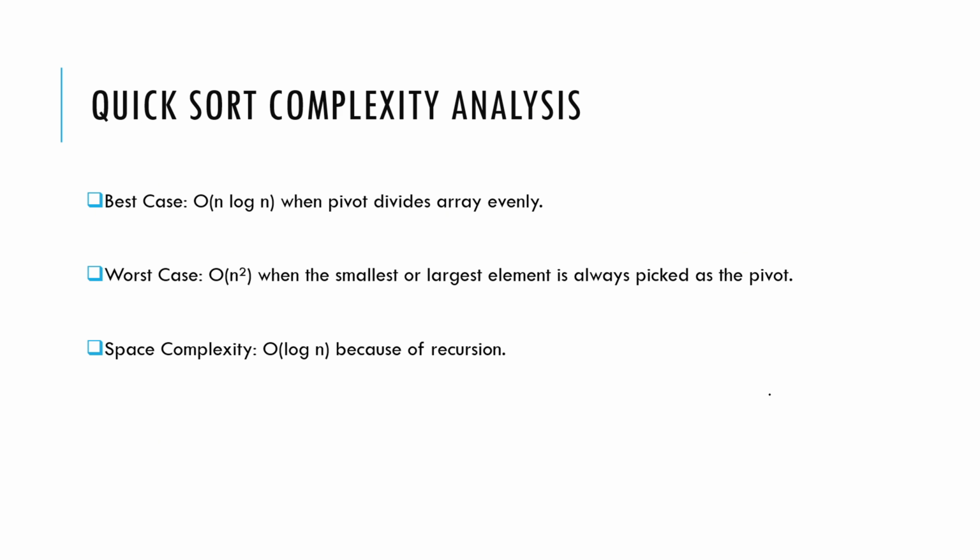As we said in the beginning, if we have a sorted array and we try quicksort, then it's the worst case, as we cannot find a good complexity when we choose the smallest or largest elements as a pivot. We have the space complexity O(log n) because of the recursion.